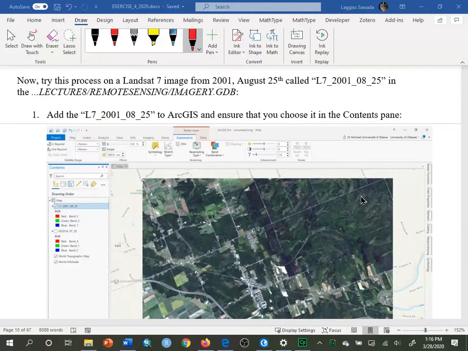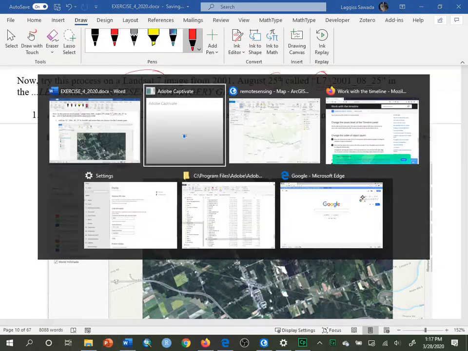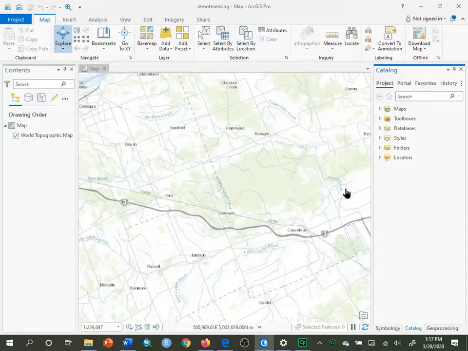So now we're going to be trying this on first the Landsat 7 image from 2001 August 25th, and it's called L7 2001 0825. I'll just be referring to it as L7. And it's in the Lecture 8 Remote Sensing Imagery Geodatabase. And you can add it to ArcGIS Pro.